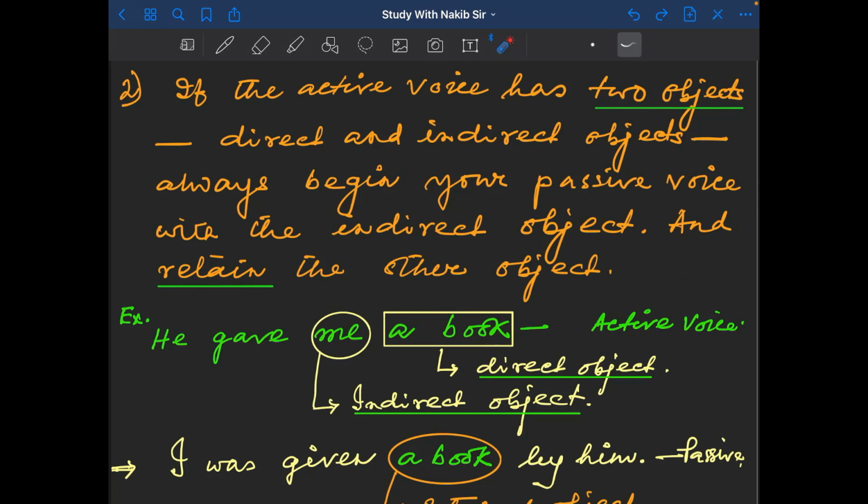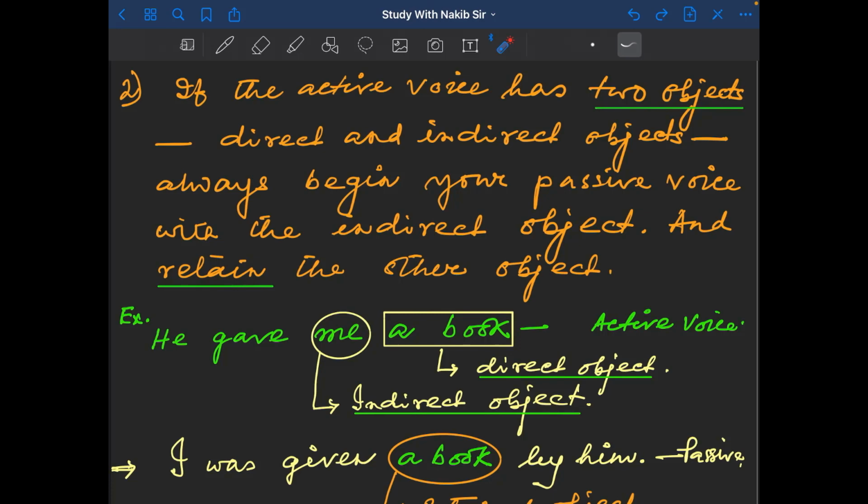If no special instruction is given in the question, always begin your passive voice with the indirect object and keep the other direct object as it is. As the other object is retained, it is called a retained object.